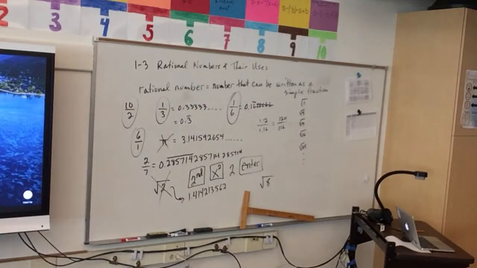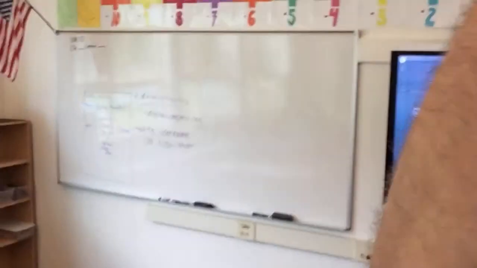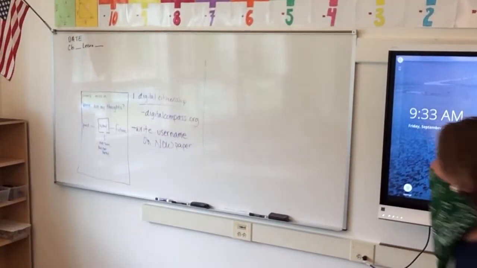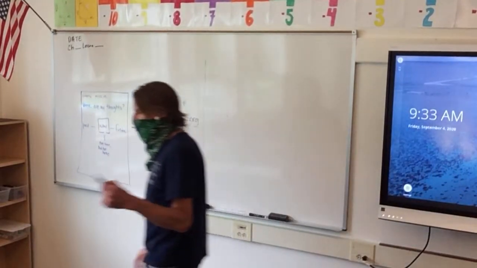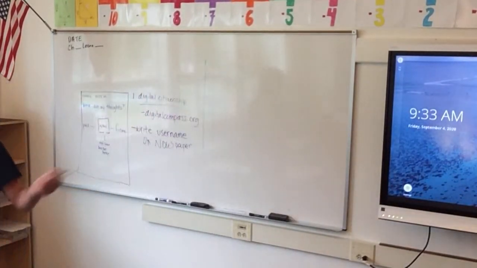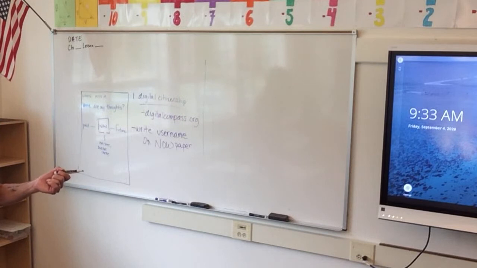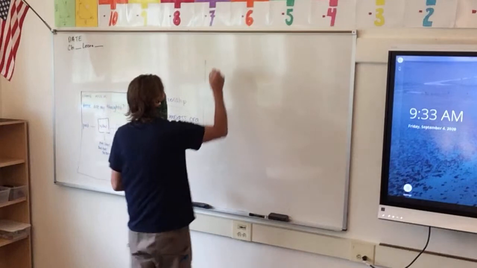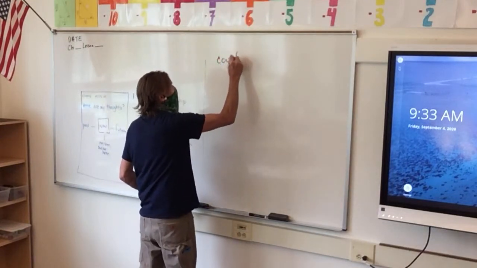So how do we use rational numbers, or what do we use them for? Let's go to the other board. We use them for all kinds of things, obviously. But rational numbers can be used when we have a count of something.